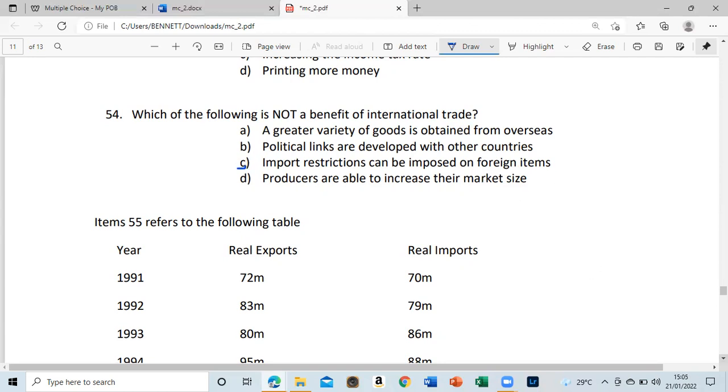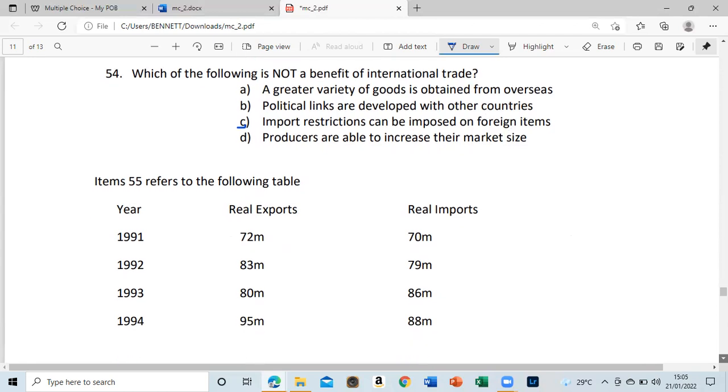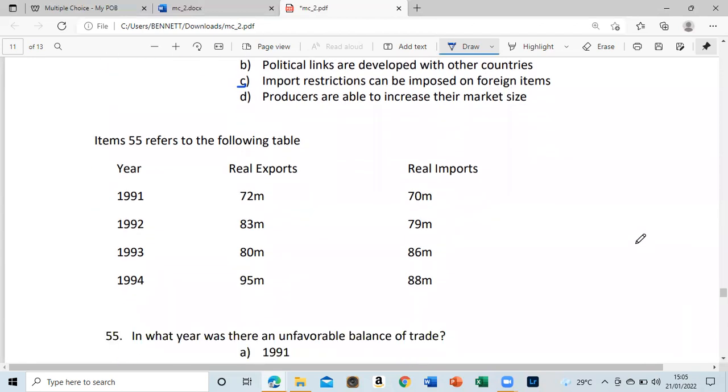Let's move on to 55. We have 5 more to go after this. Let's go. Item 55 refers to the following trade table, giving the year, the real exports, and the real imports. In what year was there an unfavorable balance of trade?